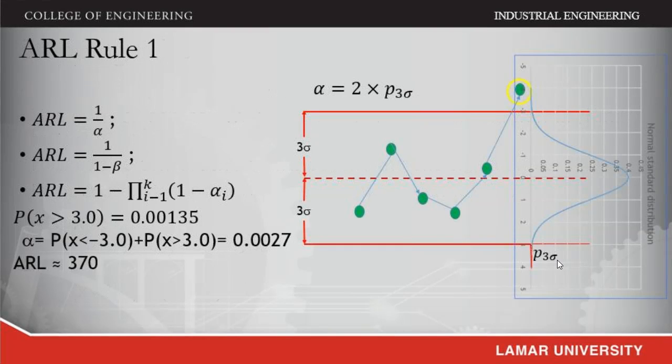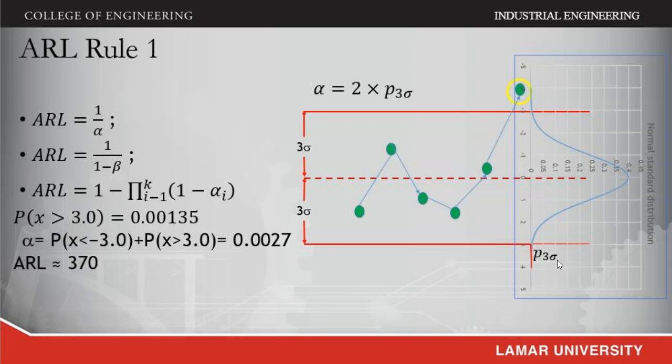For 1 or more points outside of the control limits, the control limits are usually at 3 times sigma. In that situation, the probability of x being larger than 3.0 or less than negative 3.0 is 0.00135 on each side.